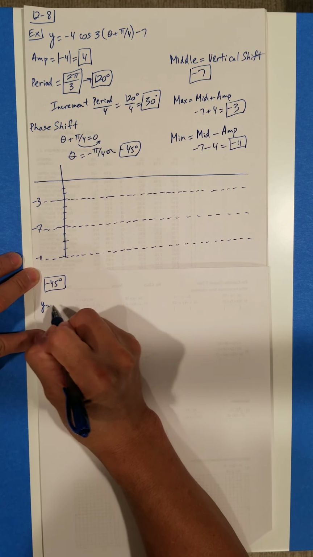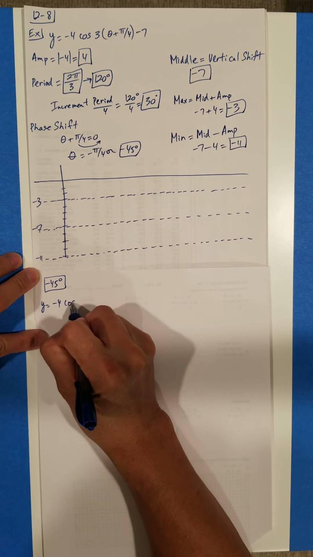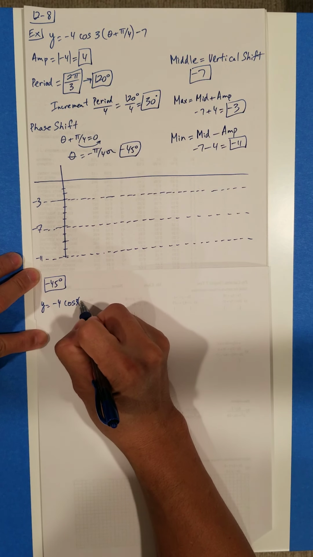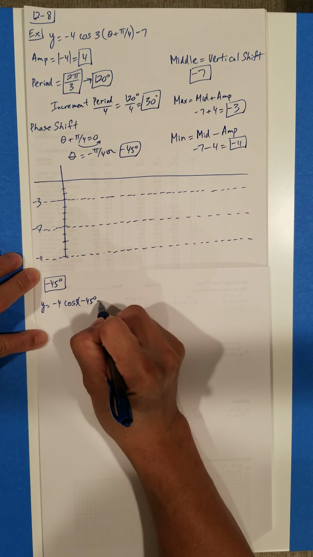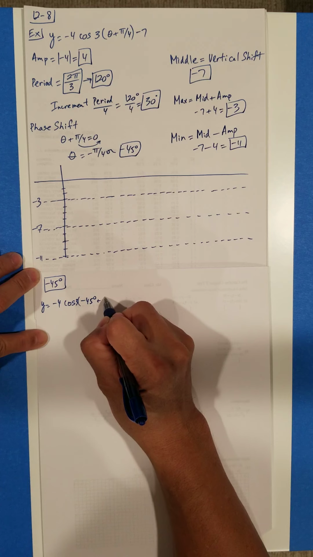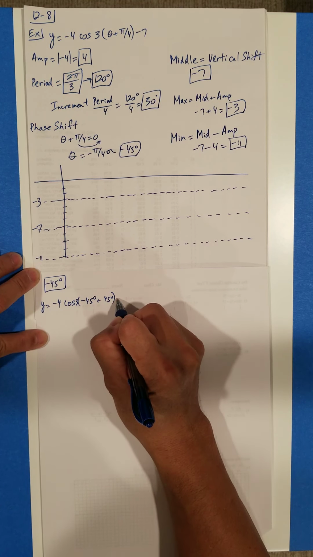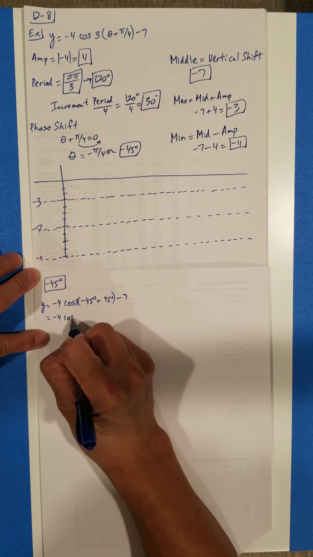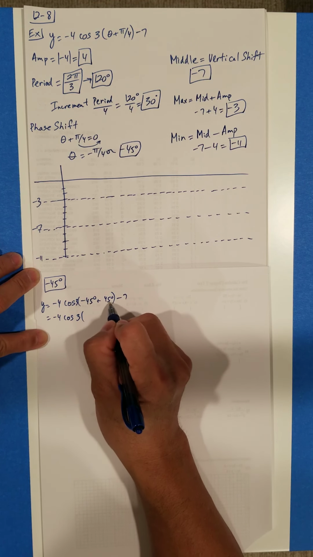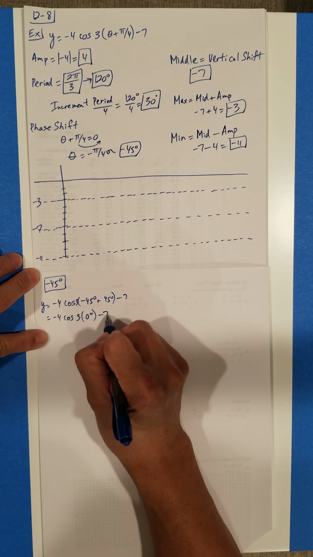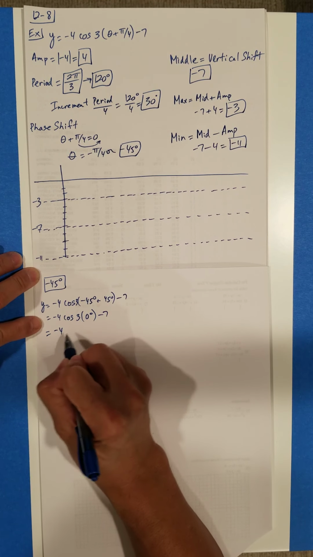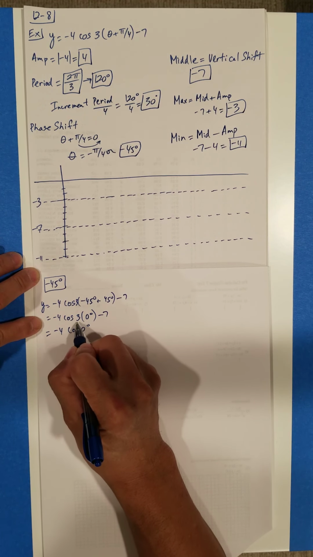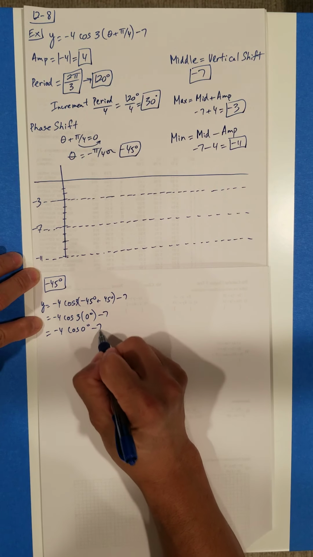So y equals -4 cosine of 3 times (-45 plus pi over 4, which is 45) minus 7. So that equals -4 cosine of 3 times (-45 plus 45, which is 0) minus 7. -4 cosine 0 degrees, right? 3 times 0 is 0, minus 7.